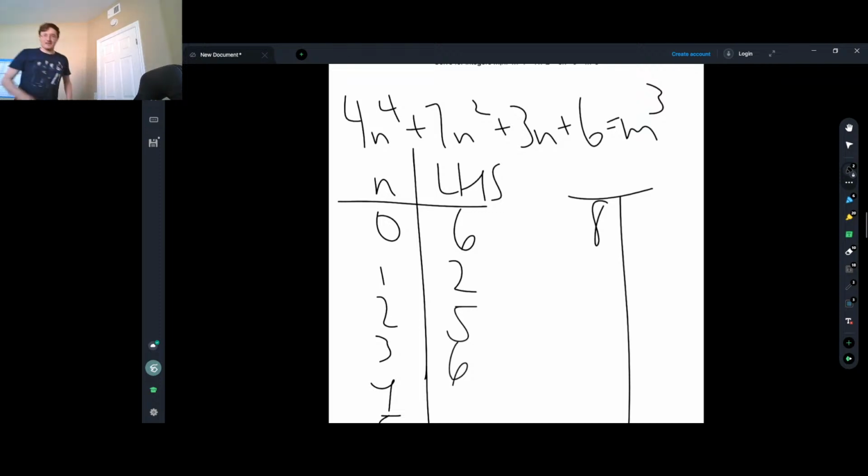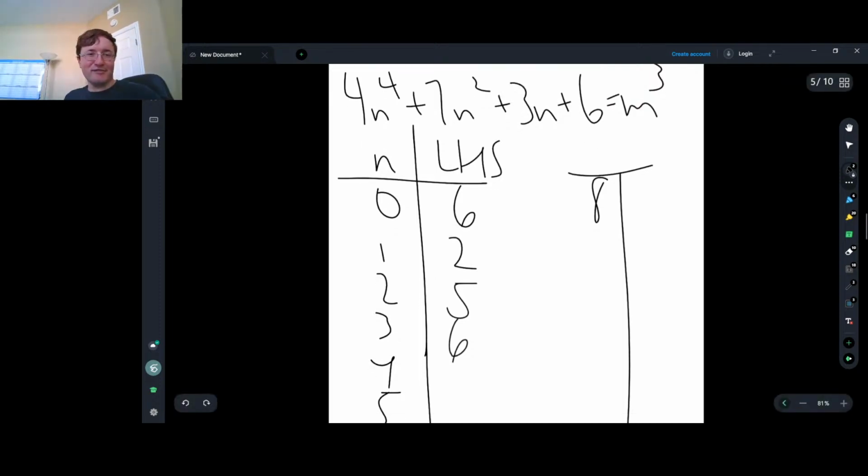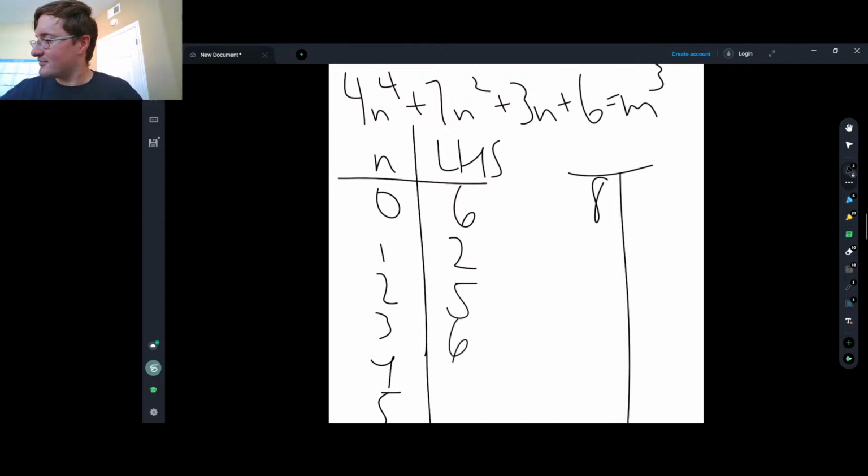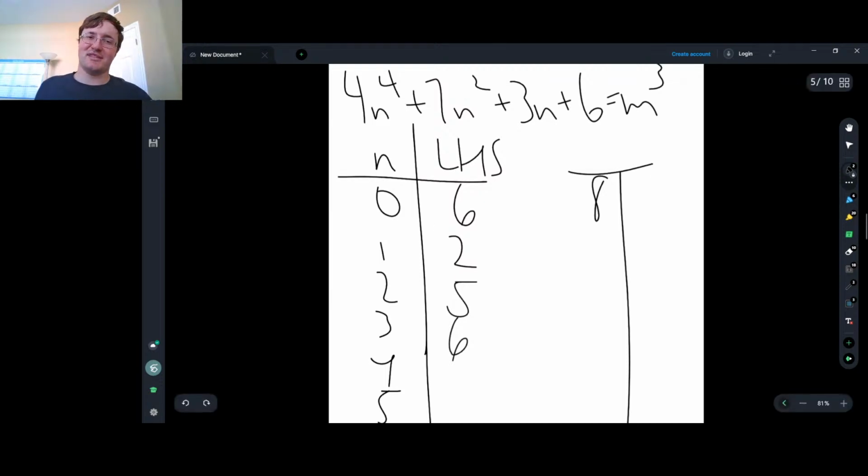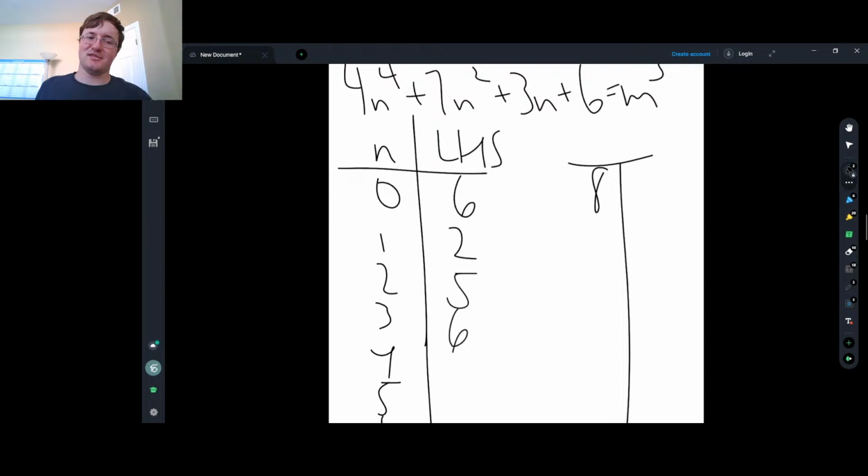Okay. Then for 4, I get 4 times 4 to the 4th, which is 1,024. What is that mod 9?